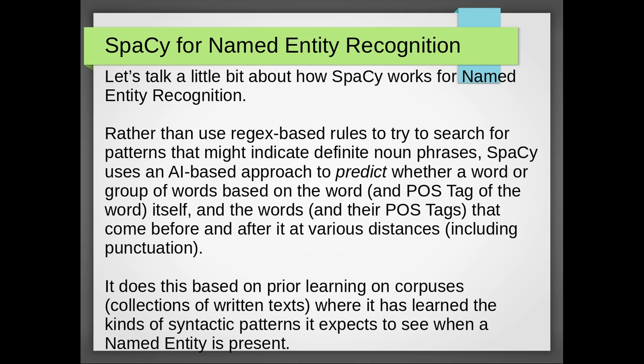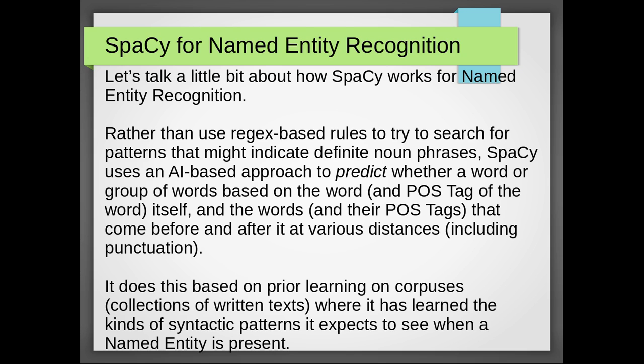So basically it's looking at a word and what pos tag it is, and then it's looking at the words that come before it, and the words that come after it, and their associated pos tags. It even looks at the punctuation, and based on that information, it's then making a prediction about whether, given that kind of pattern of things that it's seeing before and after and the word itself, it thinks that this is likely to be a noun phrase.